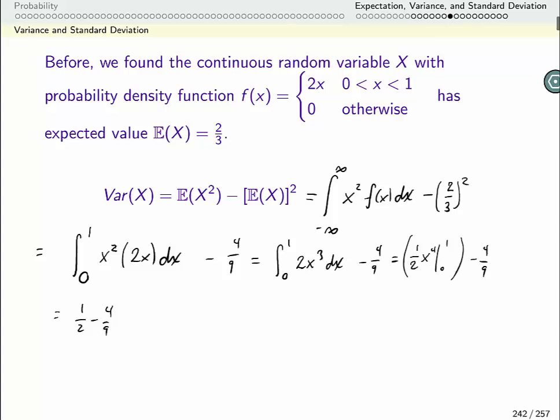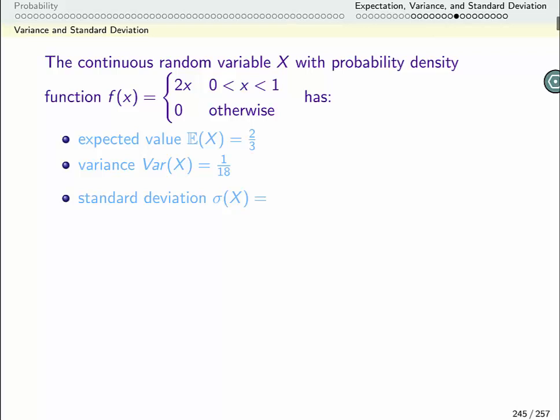So what that means is I do my random process, I get some value, and then I square it. And so instead of averaging the values, I average the squares of the values. And this ends up being different from just taking the average and squaring it. So if I take every value and square it, then take the average, I get a half. Now a half minus 4/9 is 9/18 minus 8/18, which is 1/18, which is what we got before, so we did it correctly.